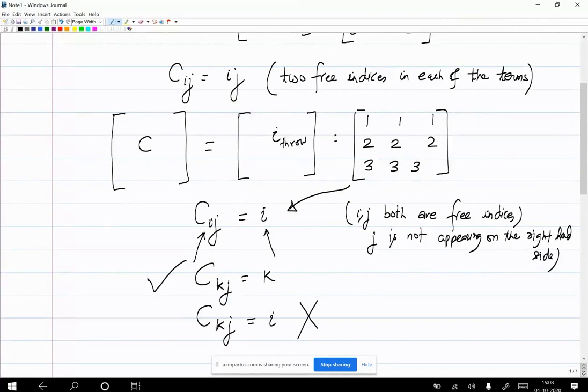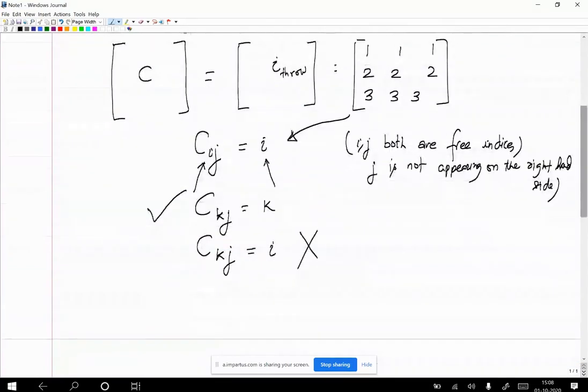That's what we mean: if you have to change a free index, you change it in all the terms, not that you change it in one of the terms and leave it elsewhere. I hope it clarifies the free index. I think Niranjana had this question yesterday, and also Pulkit perhaps.